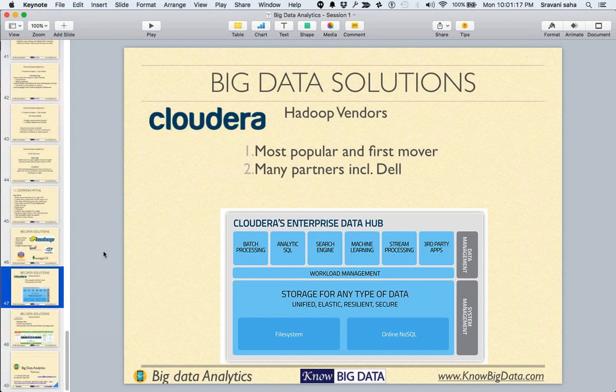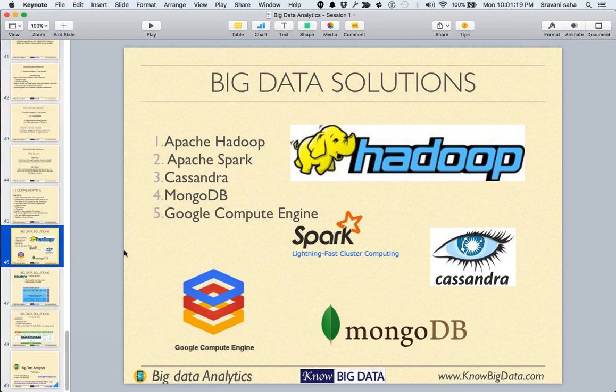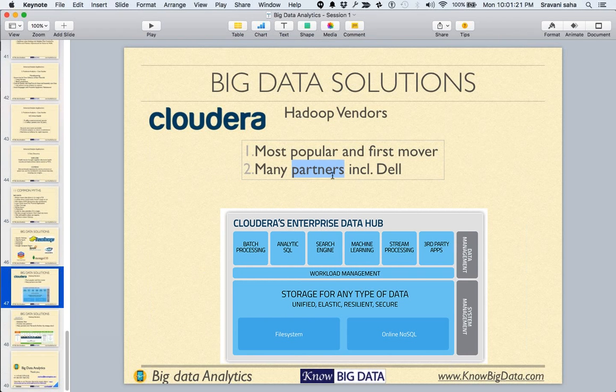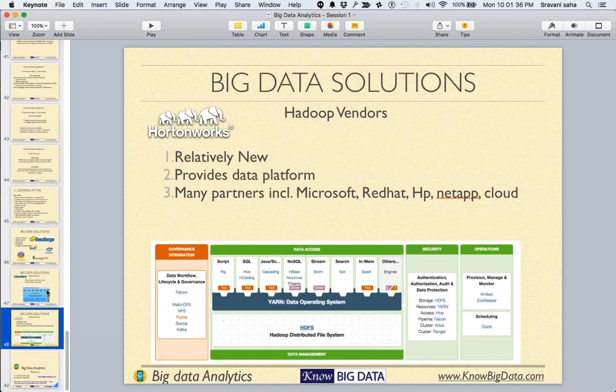All right, there are two Hadoop vendors in general, the most popular out of many. One is Cloudera, the other is Hortonworks.